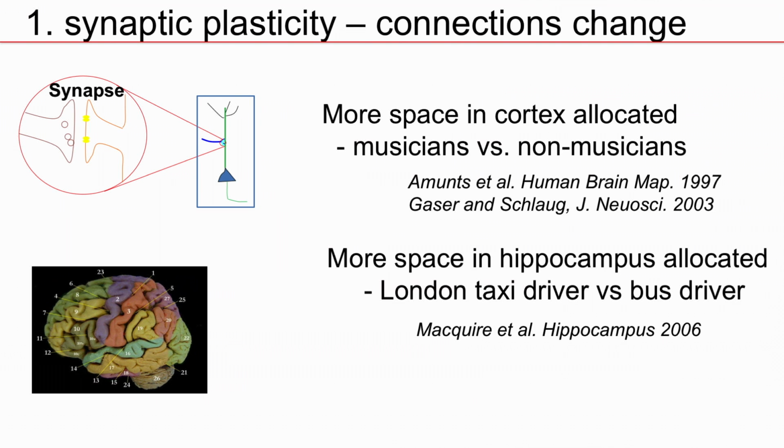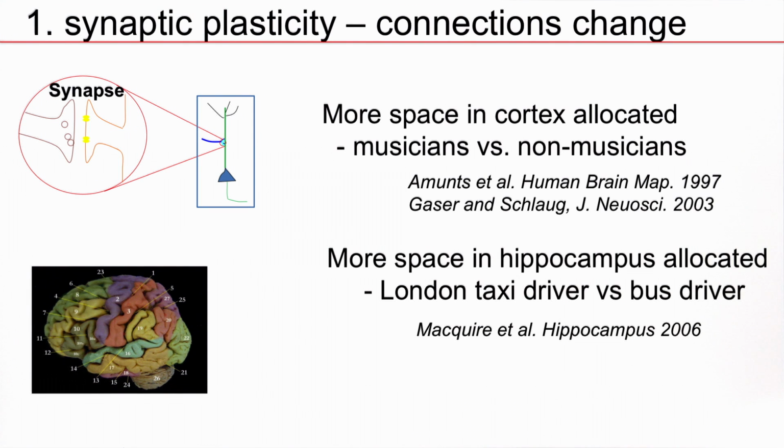Now, a London taxi driver, for him it's a different part of the brain which is bigger, a part called hippocampus, and this part is involved in storing the map of the environment. Since a London taxi driver who drives through all parts of the city needs a good map of London, his hippocampus becomes larger than that of a bus driver who always drives along the same few streets.